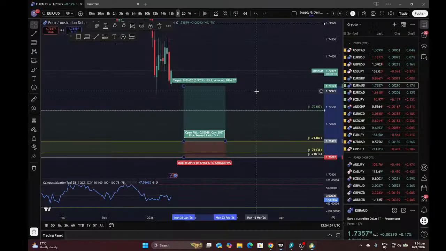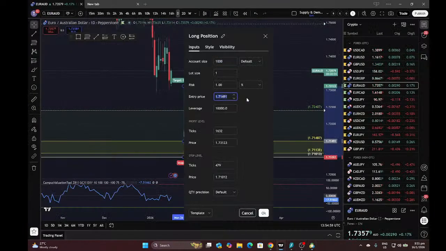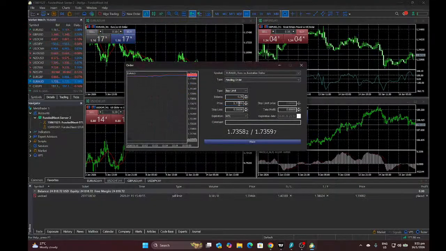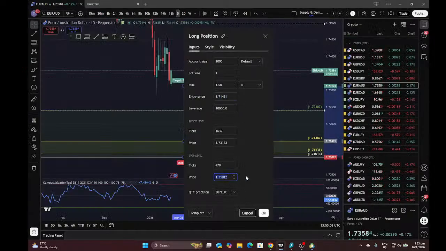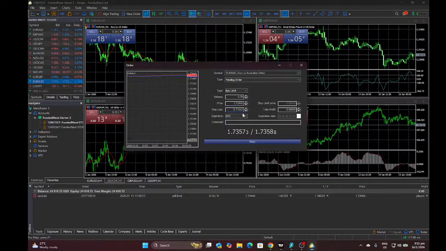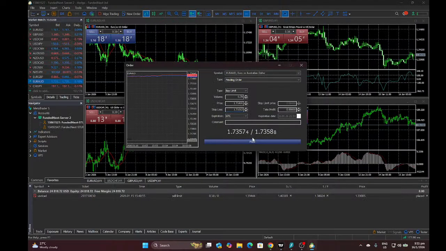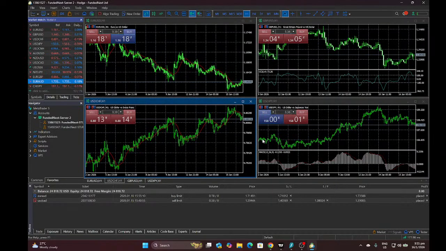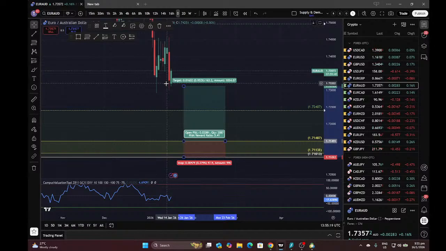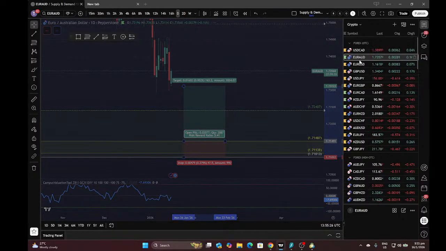And our entry price, then our stop loss, and this is a long trade. It's going to be a buy limit. There we go. Right now we have a 2.2 limit order placed. I will move this up here. This is where we last stopped.